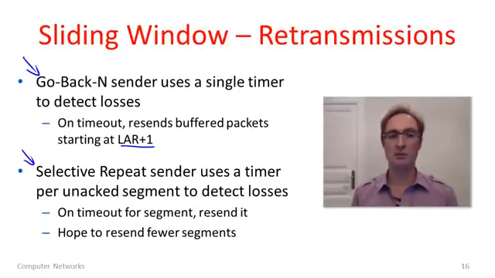So we can have a timer for each different segment, and when that goes off, we can retransmit that segment if that segment hasn't been acknowledged. The hope here is that we'll resend fewer of the segments, because we might time out and send one segment, but if many other higher segments have been received by the receiver, pretty soon we'll get acknowledgements telling us that these new segments have been received, so we won't need to resend them.